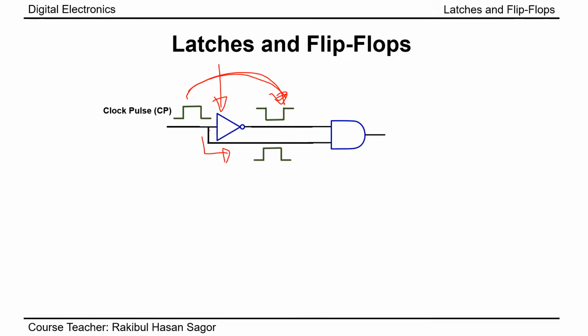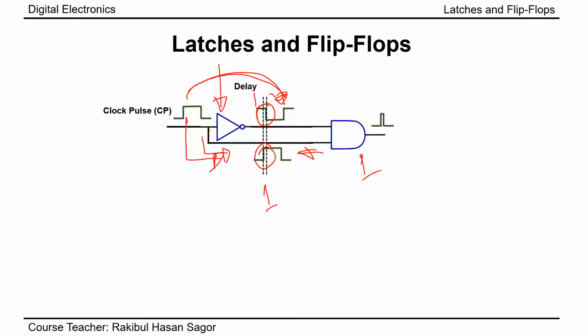So if you see this, the input here remains as we have here, and there will be no time delay because it's connected directly. If we look very closely, there is a time delay between these two signals. In this time delay, for this small amount of time, both signals are 1, and this gives us 1 at the output for a small amount of time.